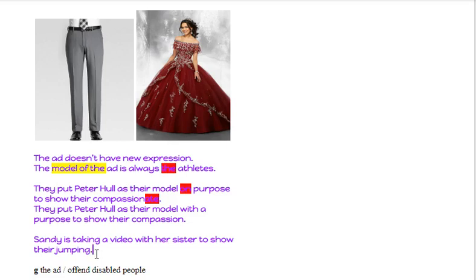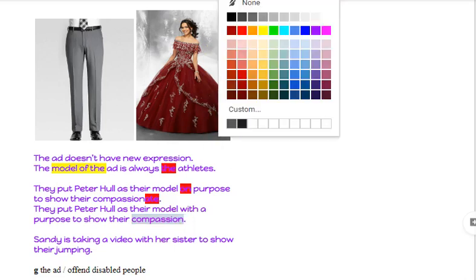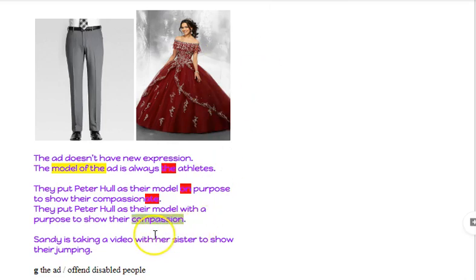I'm confused. Compassionate is a noun. Actually, compassion is the noun. You can also check how to make nouns into verbs.